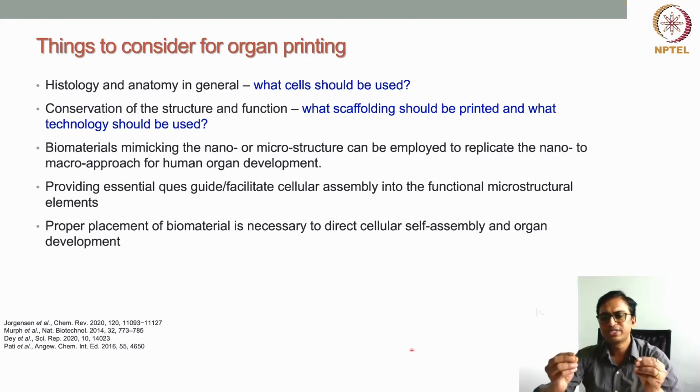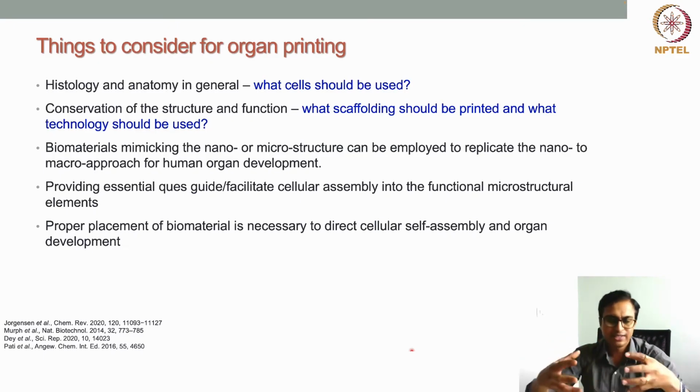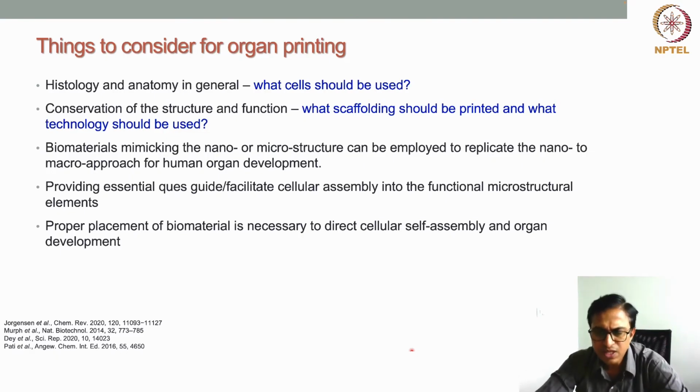Then these cells can assemble with each other, the cells can sense the presence of other cells nearby, and they can assemble together and produce these functional microstructural element units, and that can help in tissue building.